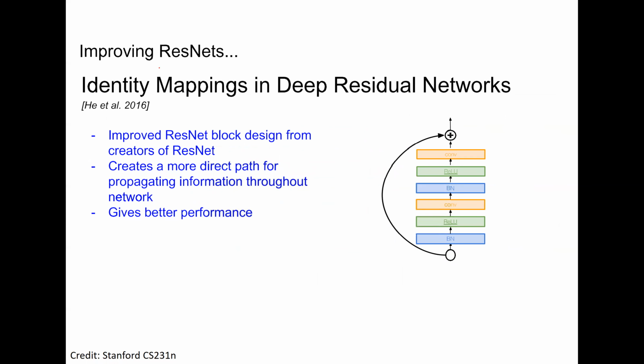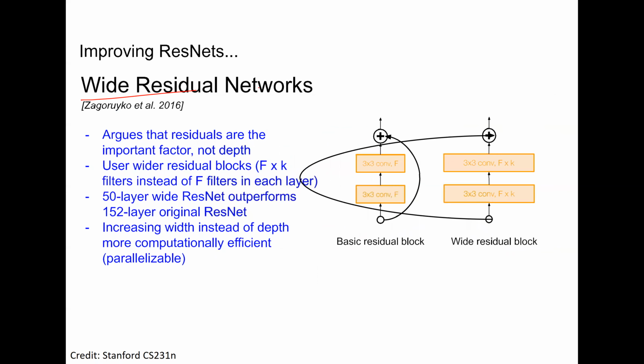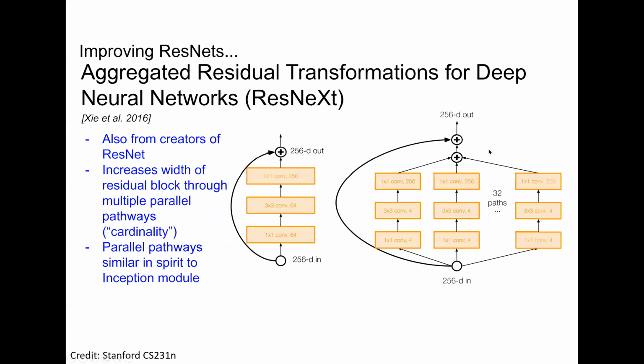Like improving ResNets, wide residual networks, rather than using a 3x3 convolution with F number of filters, use F times K number of filters, making it wider. And you can also divide these computations into multiple submodules or subpaths.